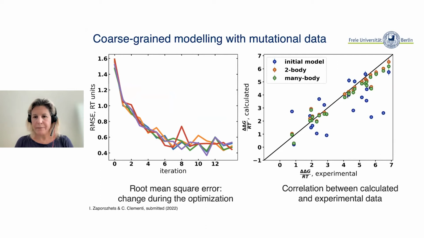You see here the final results: the experimental data, delta G, the free energy differences for mutation, experimentally measured, and the calculated ones. The initial model is in blue, and using a model with only two-body interactions, you already get a very good agreement. This is a very simple model with only two-body interactions, like Lennard-Jones kind of interactions.